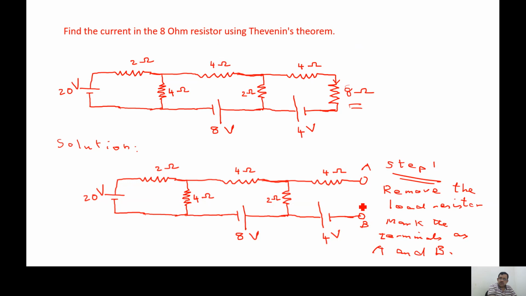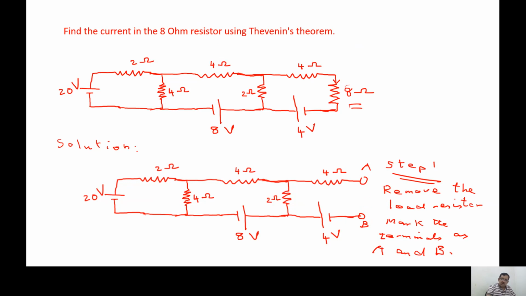That is the idea. Thevenin told us: remove the load resistor, analyze the rest of the circuit, find the voltage across A and B, and then you can easily determine the current flowing through AB.